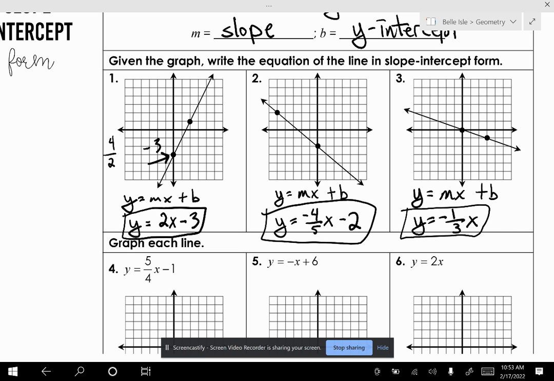It's fine, just not necessary. Okay, so if you're still working on 2 or 3, that's just fine. If you would look down at number 4, I want you to go ahead and see if you can graph the line.